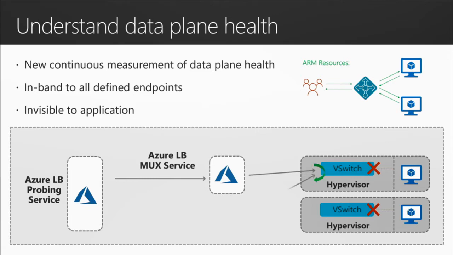And so what happens is the vSwitch replies to the probing service, and we can establish what the availability of the data path is to all your compute hosts. So this is a new measurement. It is some insight into internal telemetry that we use to establish the health of the platform, so now you can see that as well.